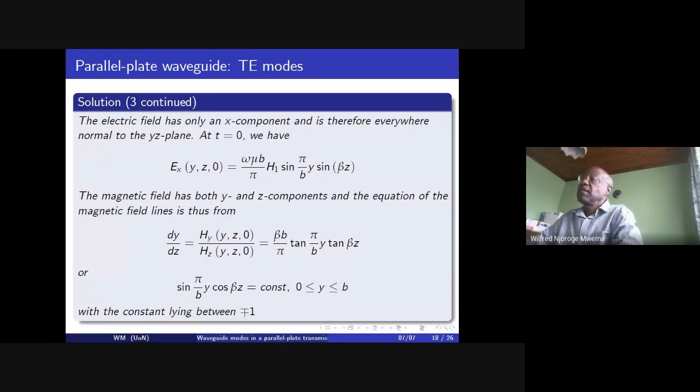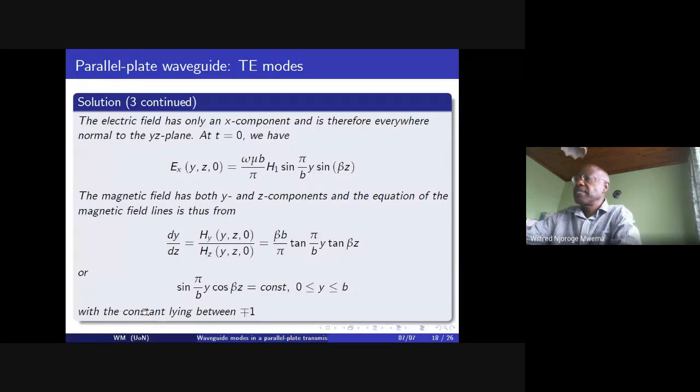So that is the expression for the electric field intensity. And the magnetic field intensity has both y and z components, and therefore we can always write them in that form. Just like we did in the other case, we are going to get a value that sine beta z times cos beta z is equal to a constant.